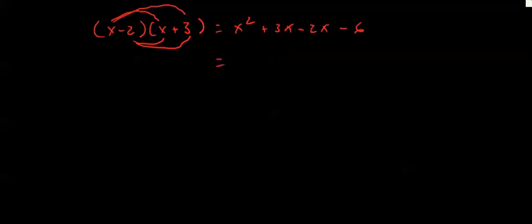And the 3x minus 2x gives us x. So we have plus x minus 6.